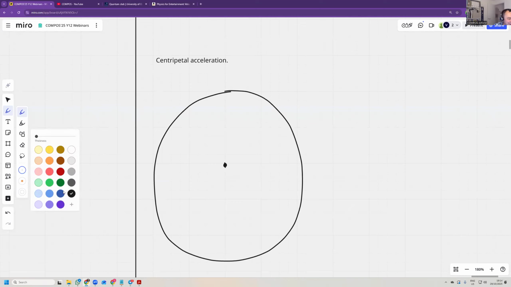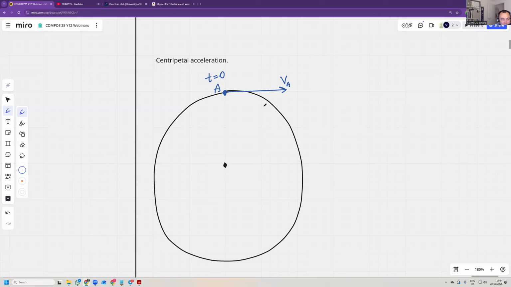Okay, so let's say at time t equals 0, your velocity is this v. Let's call it vA, and you're at point A. After some time, you have traveled to point B, and your velocity is different, it is vB.